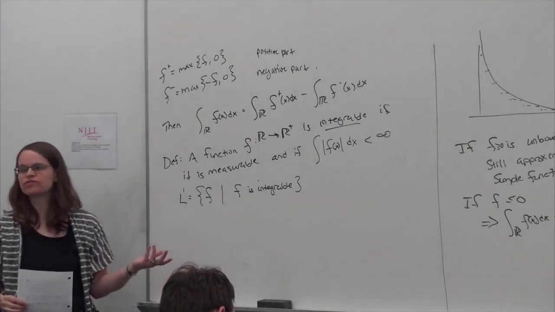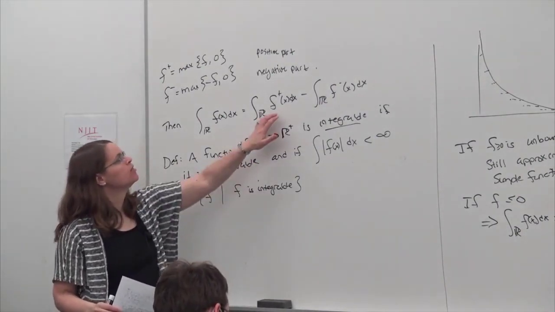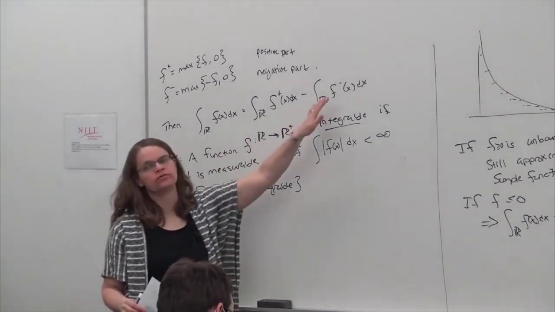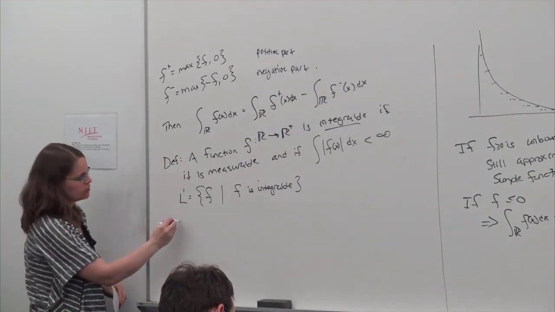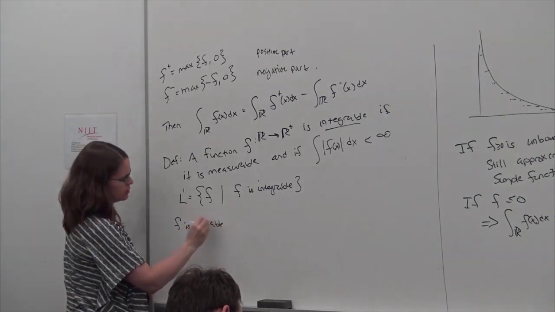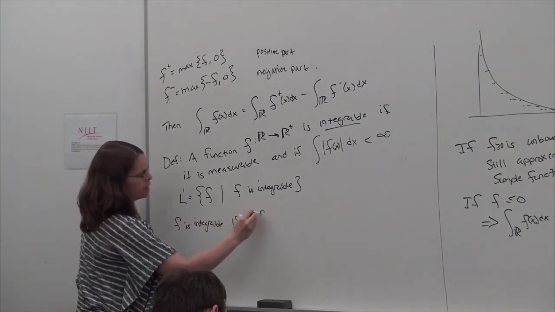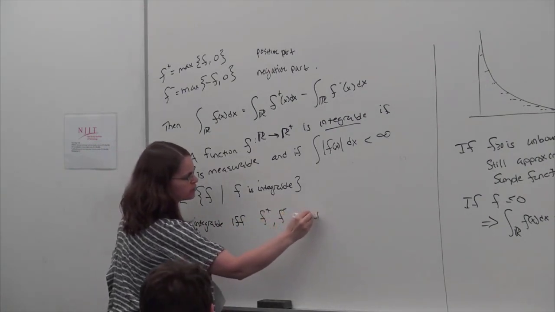And of course, this is now equivalent to just saying the positive part is integrable, and the negative part is also integrable. So f is integrable if and only if f plus and f minus are both integrable.